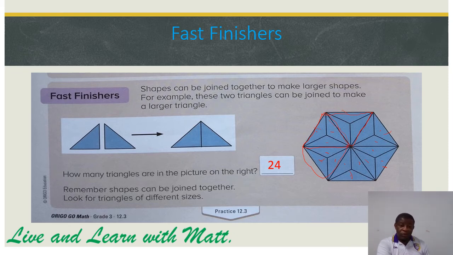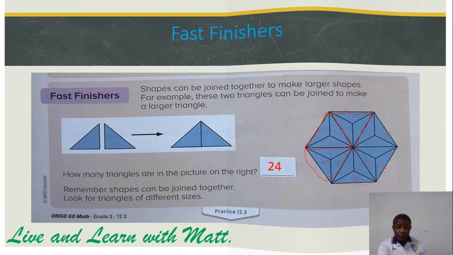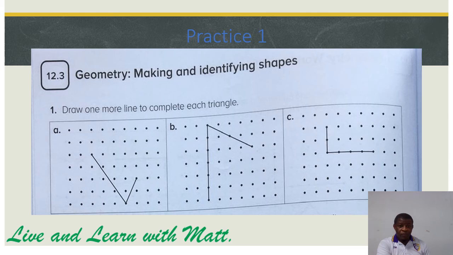So that is 24 triangles. Now let's go on to the practice. Now I want the student to do this first and check your drawing with the teacher. Draw one more line to complete each triangle. Do it first before I show you my drawing.